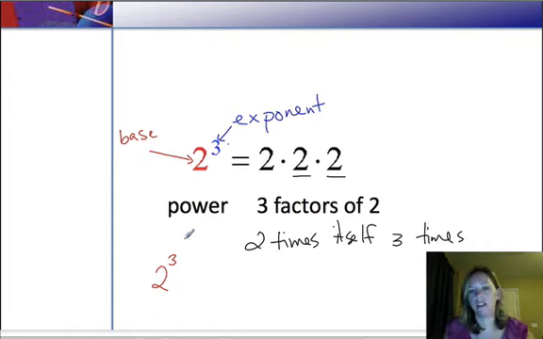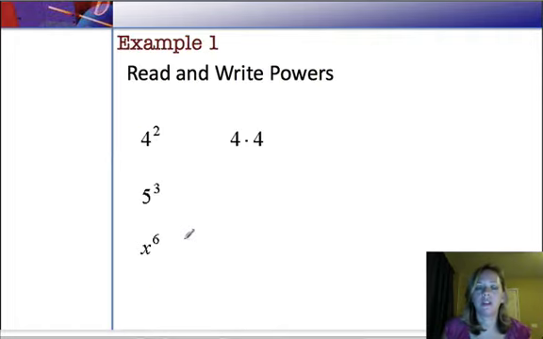Alright, so now we've done a little bit of the language. Let's do a little bit of examples. So, let's read and write these powers. So if I have 4 raised to the second is something we might say. That means 4 times itself 2 times. There are a couple of different ways that we could say this out loud.